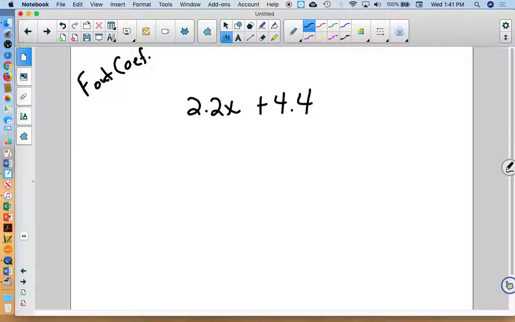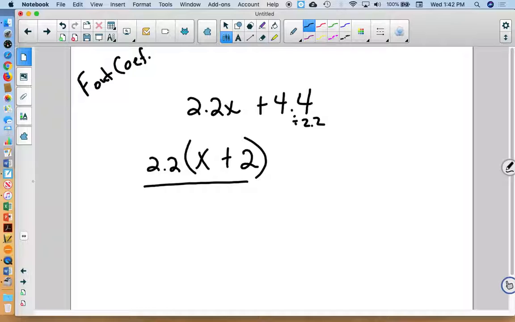Got to factor out the coefficient. 2.2 comes out. 2.2 divided by 2.2 is x, plus, what is 4.4 divided by 2.2? 4.4 divided by 2.2 is going to be equal to 2. So my final answer then is 2.2 times parentheses x plus 2 close parentheses.